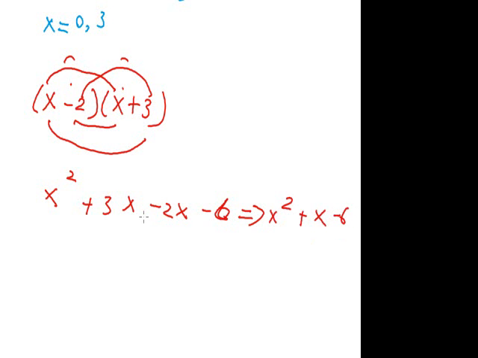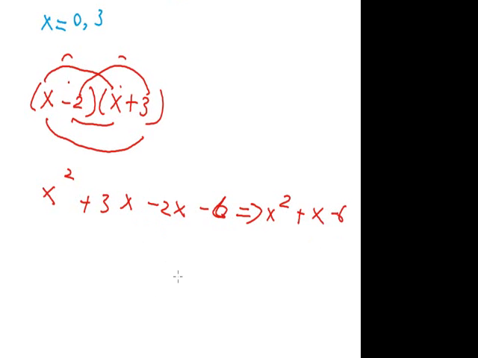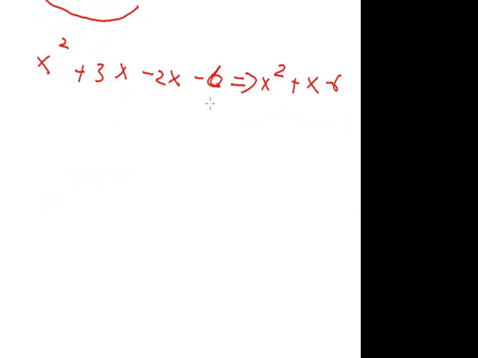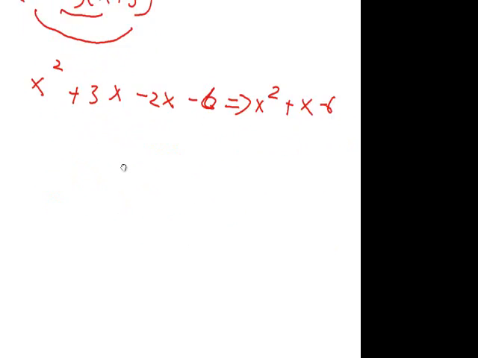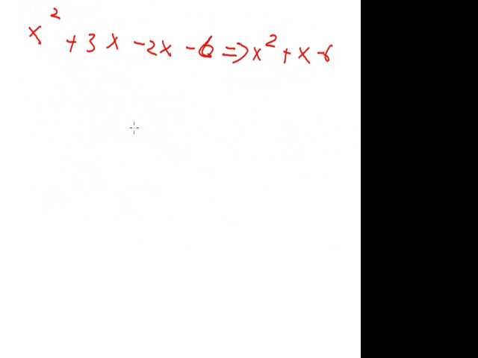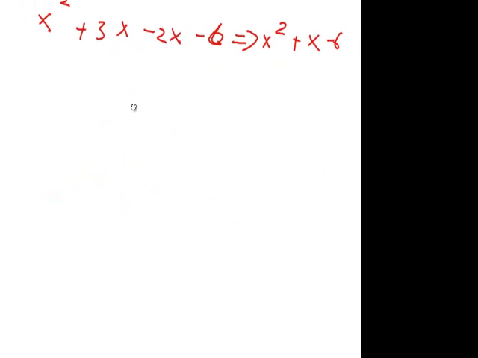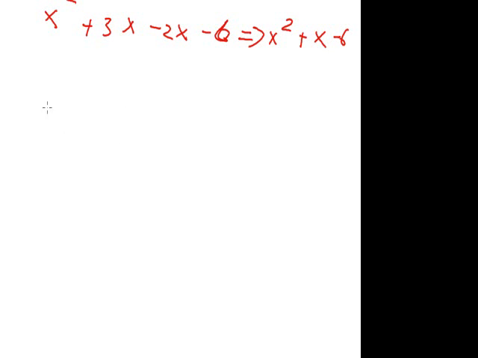But can we factor this, for example, to give us this up here? Turns out, yes, we can, and there's a couple ways to go about that. So let's go ahead and try. Given x squared plus x minus 6 equals 0, find solutions to x that satisfy this equation.